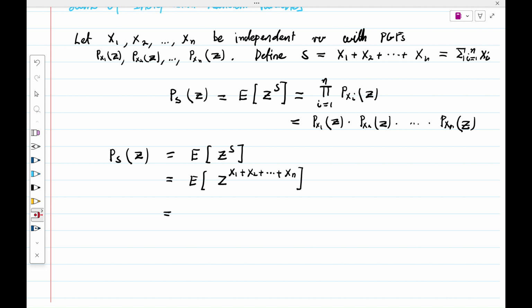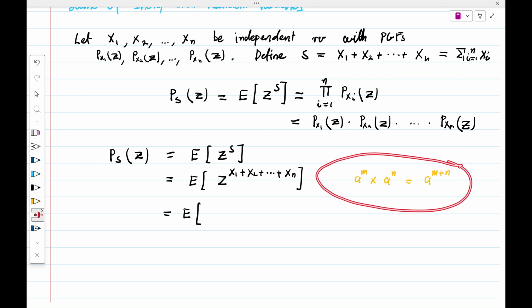Now, from here, what we actually note is we've got z to the power of a sum. And we know something by power laws. If you have a to the m times a to the n, that is the equivalent of saying a to the m plus n in power notation.